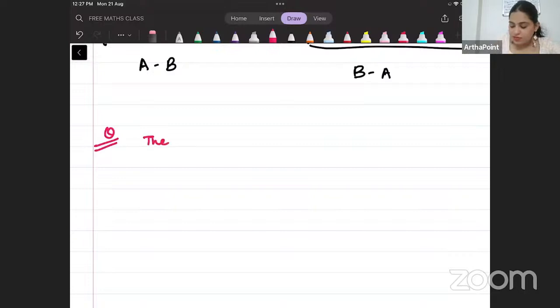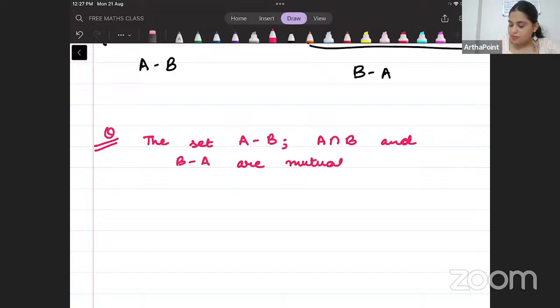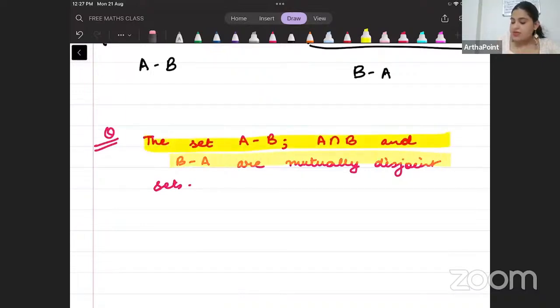The sets A minus B, A intersection B, and B minus A are mutually disjoint sets. You have to tell me whether they are mutually disjoint or not. Is this statement true or false?